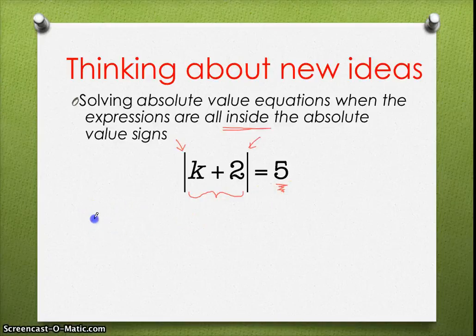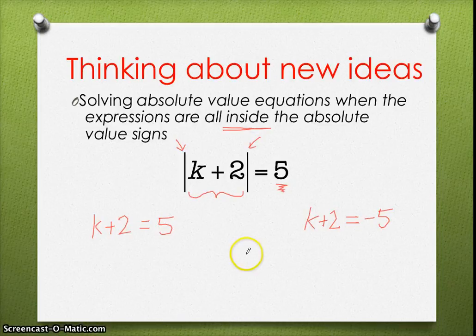So if we somehow get k plus 2 to equal 5, it's going to be 5 units away from 0. But we also know that the other value that gives us a distance of 5 would be negative 5. So we know that k plus 2 must somehow equal -5.